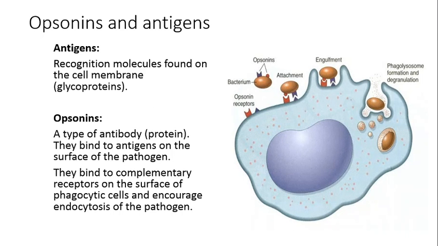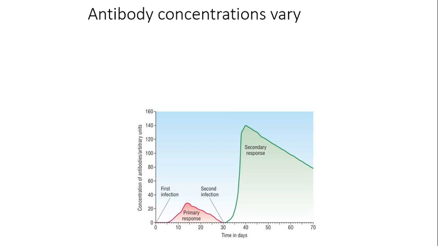So we're going to think now about the primary and secondary response. So the primary response is the first response that we get when we first encounter any kind of infection. So we've got our first infection here, and you can see that it takes a bit of time. Here it's taken 5 days for antibodies to be produced, and that's because it takes time for that process of clonal selection to take place when they select the correct type of B and T lymphocyte.